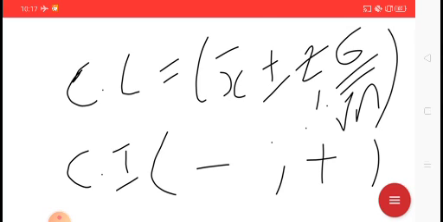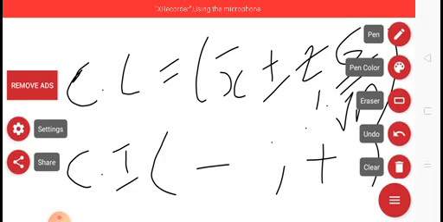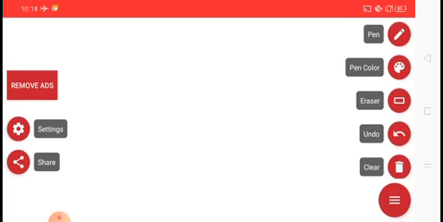Right, so part 1. They want you to calculate the values of the mean and sigma. The question did not give you these, they just give you the sample size, the confidence interval, and the percentage.